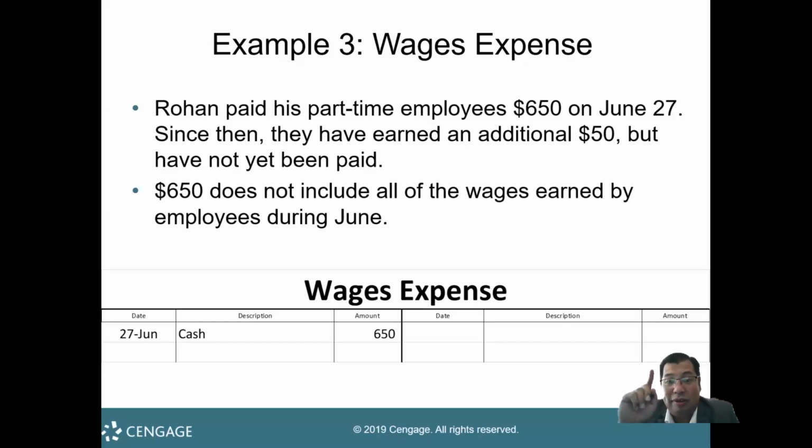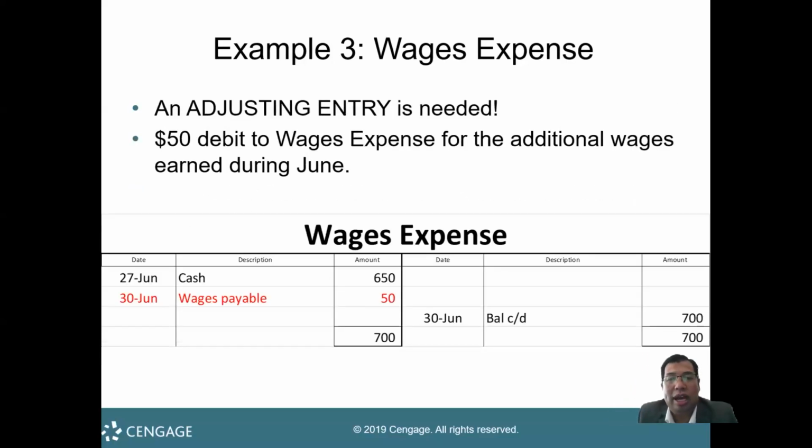Even though you don't pay the 50, the true value for your wages expense is 700. So you need to adjust your wages expense. You need to debit another $50. That's why on 30th June, we should record it as a $50 debit. And I'm putting the item here, wages payable. This is your liability. Wages payable $50.